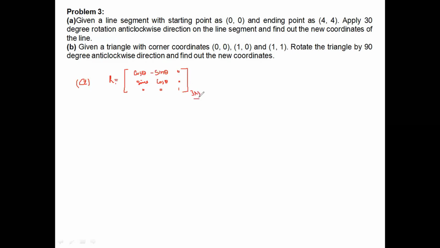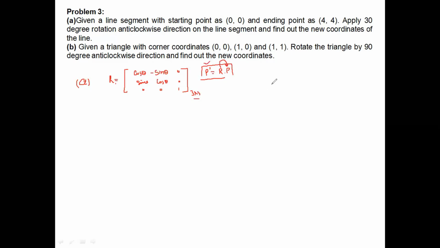In general form, how will the new point be calculated? P dash equals the rotation matrix times the old point. This rotation matrix will be applied on each point of the line to calculate the new coordinates of the line.